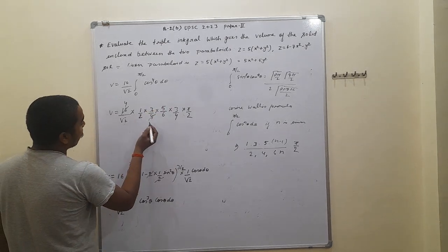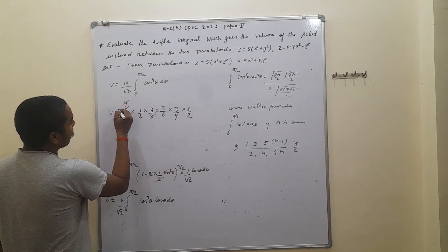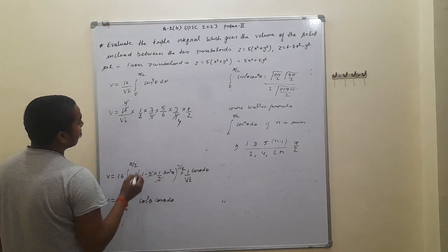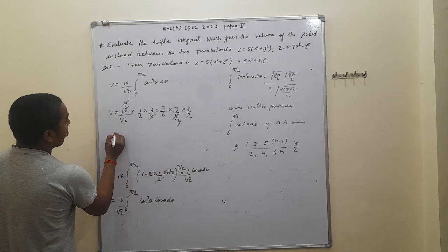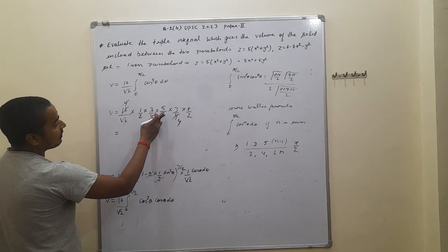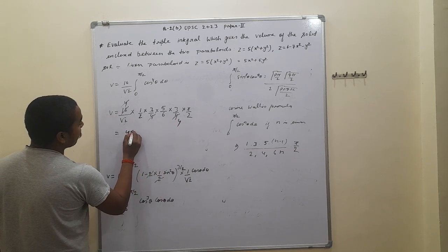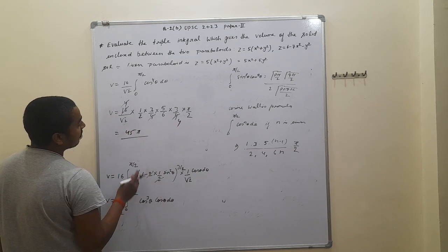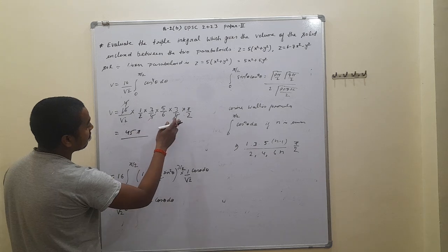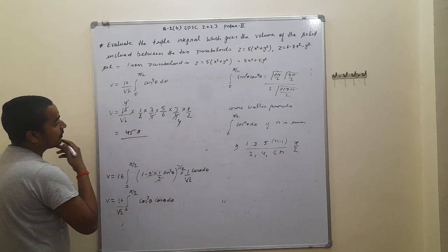Further we solve: 4 times 4 is 16, and 4 and 4 cancel out, and the remaining is 3 times 5 is 15, 15 times 3 is 45, 45 pi upon 2 times 4 is 4.